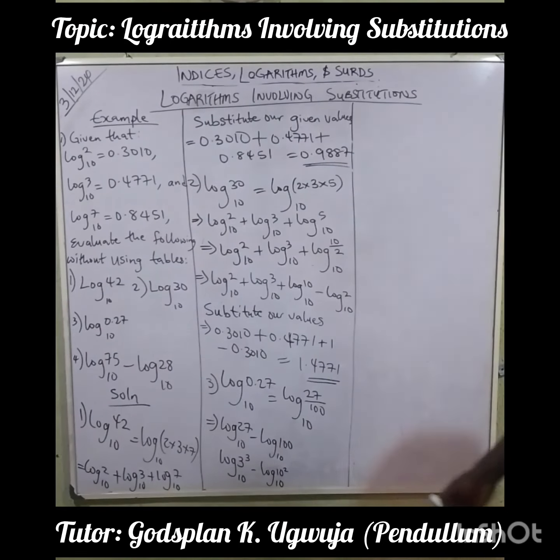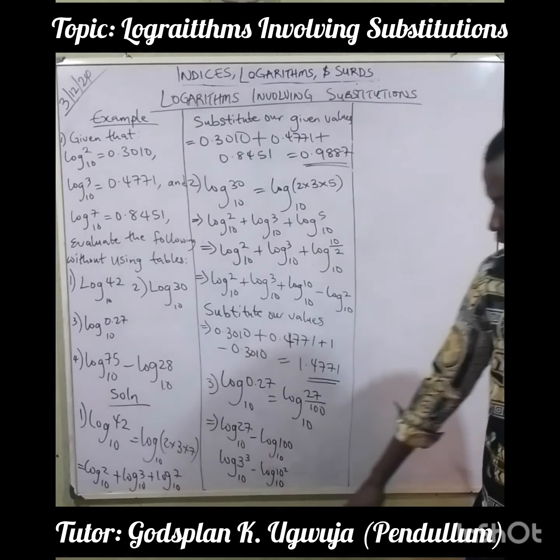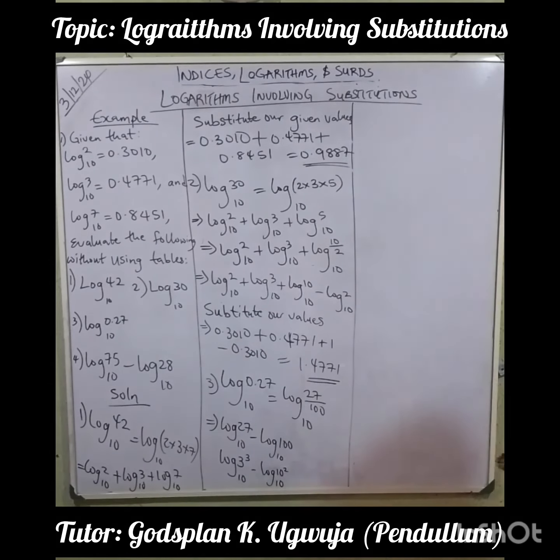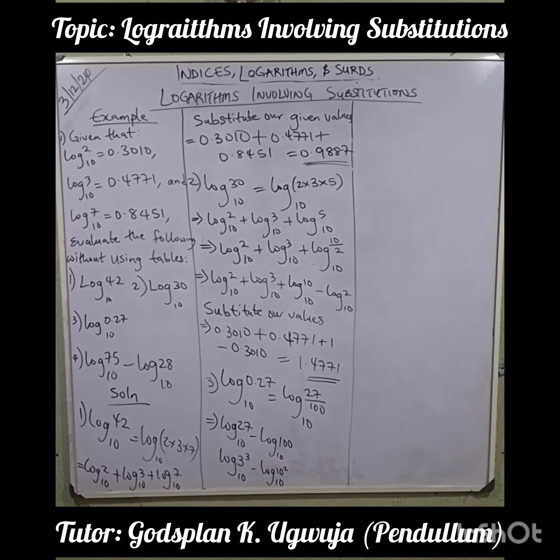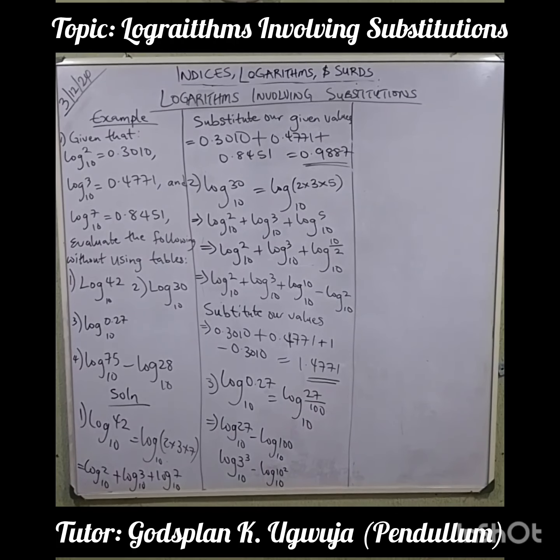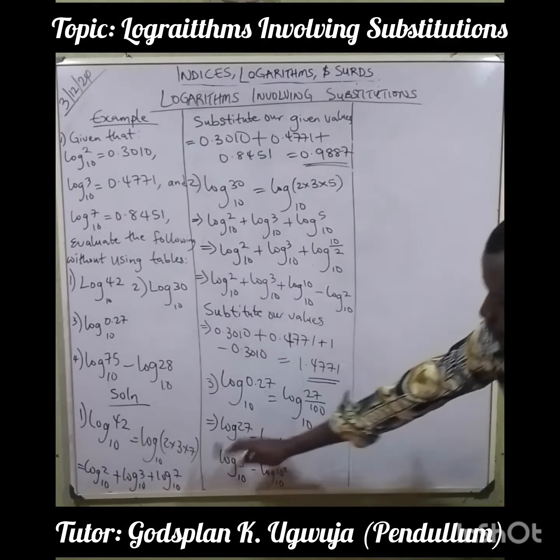So if I continue, of course, from the power law, you know that this 3 can go to the front, this 10 can go to the front. Like I was saying, from the power law, we can move this 3 to the front.